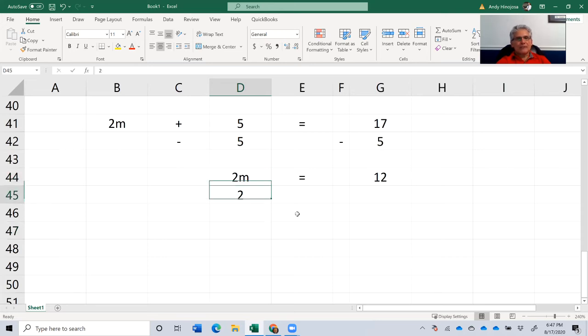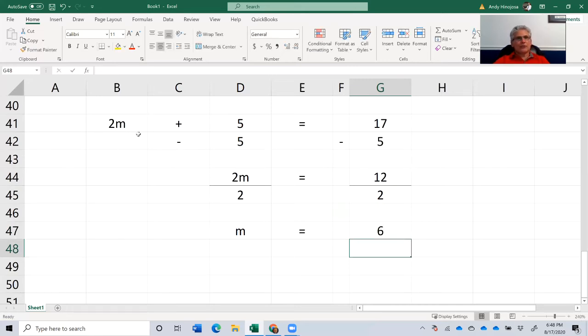And when we take 2m and divide it by 2, those two 2's are going to cancel, so that we end up with just m. 2 goes into 2 one time, so we have 1 over 1, 1m over 1 is m, so we're good. We have to do the same to this side of the equation. And so 12 divided by 2 gives us 6.